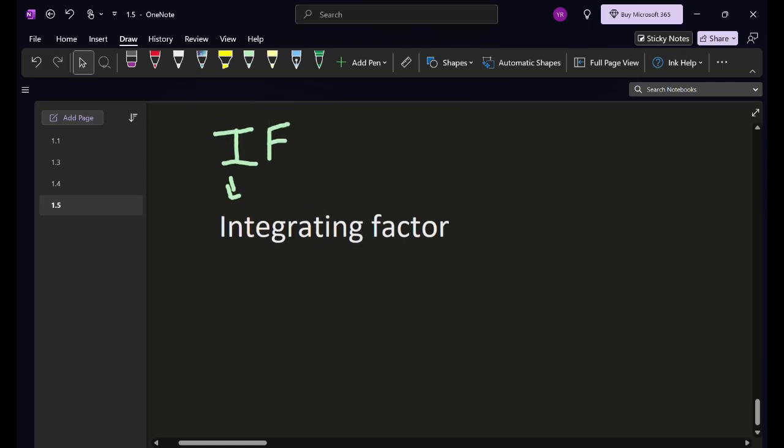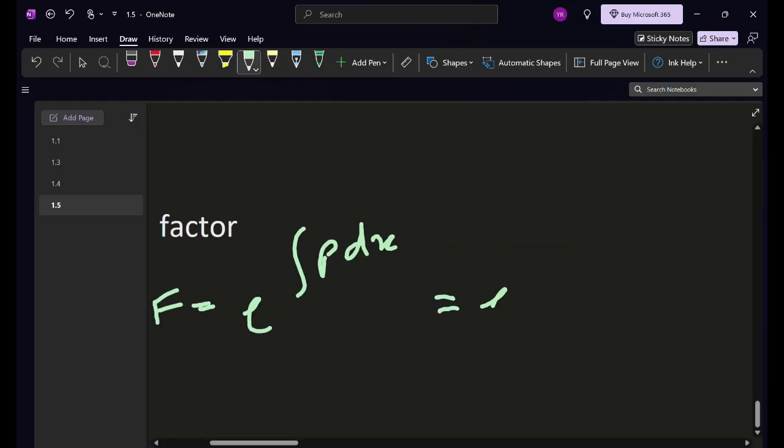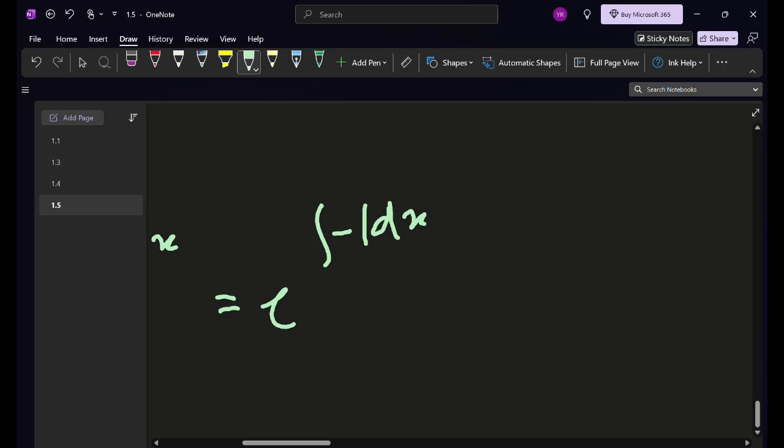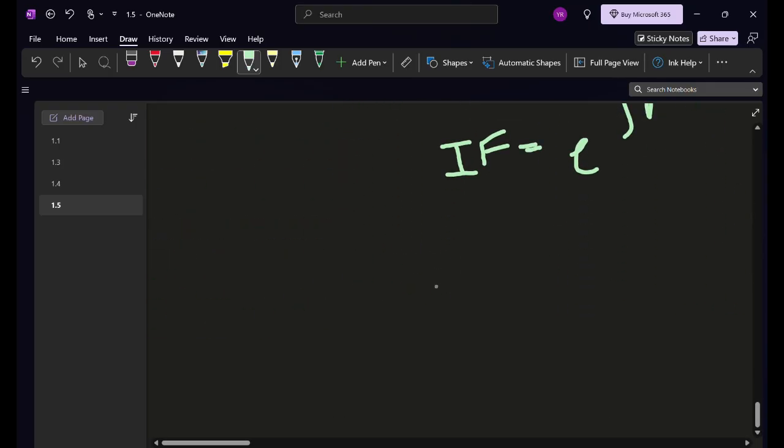So the formula of it, which I had told before, is IF is equal to e to the power integral of p dx. Here our p is equal to minus 1, so we're going to write it as e to the power integral of minus 1 dx. So this is going to come out as e to the power minus x. Alright, so this is our integrating factor in this question. IF is equal to e to the power minus x.